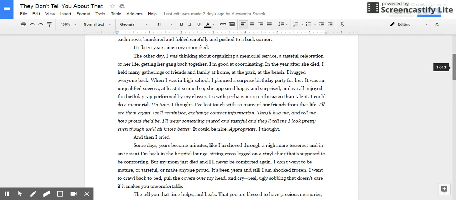Going forward, it says, the other day I was thinking about organizing a memorial service, a tasteful celebration of her life, getting her gang back together. I'm good at coordinating. In the year after she died, I held many gatherings of friends and family at home, at the park, at the beach. I hugged everyone back. When I was in high school, I planned a surprise birthday party for her. It was an unqualified success. At least it seemed so.